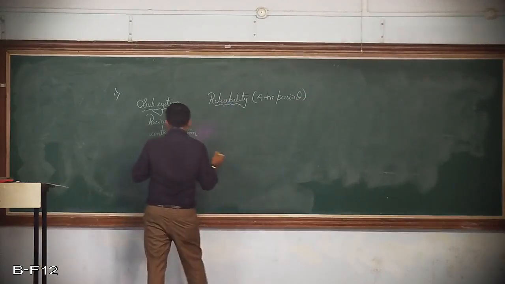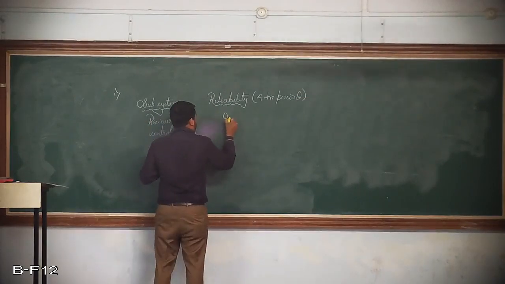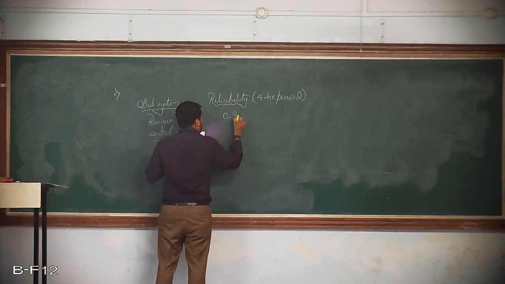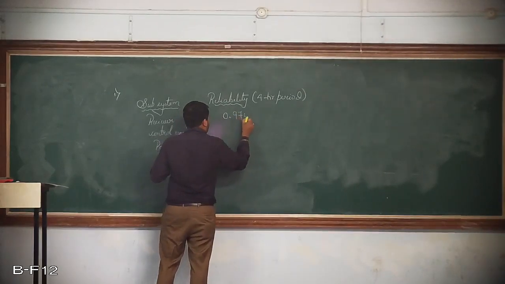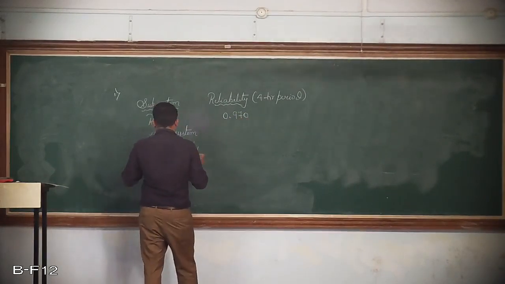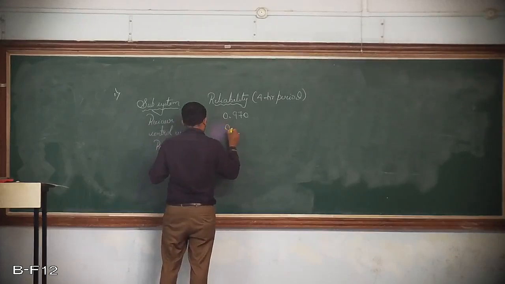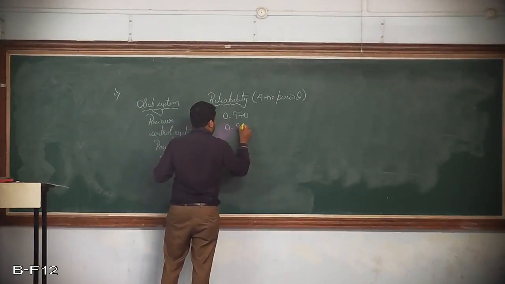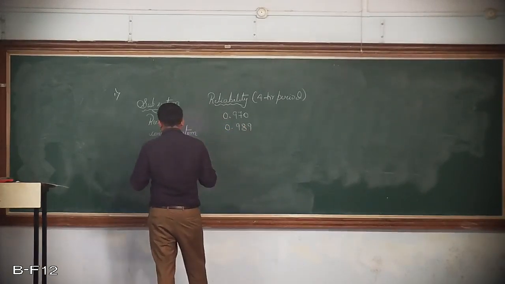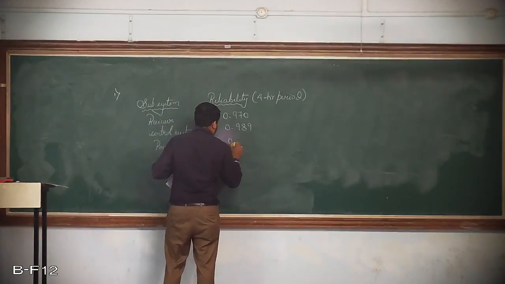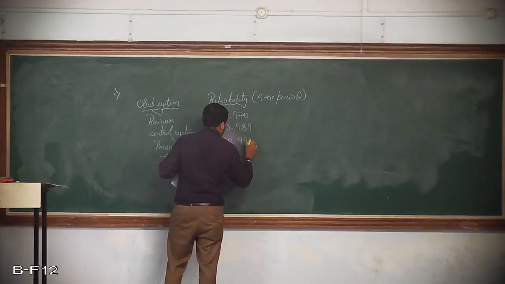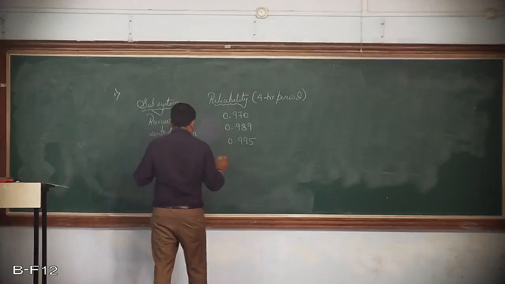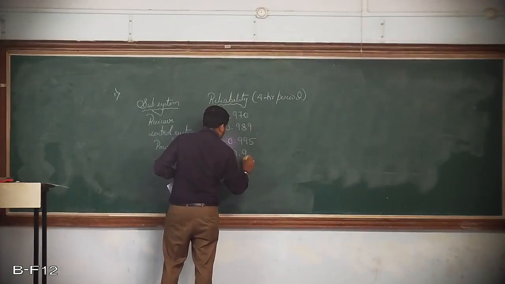is given as, for the receiver 0.970, for the control system 0.989, for the power supply 0.995, and for the antenna 0.996.